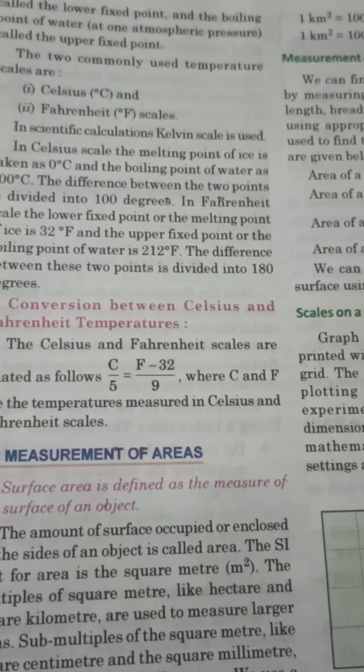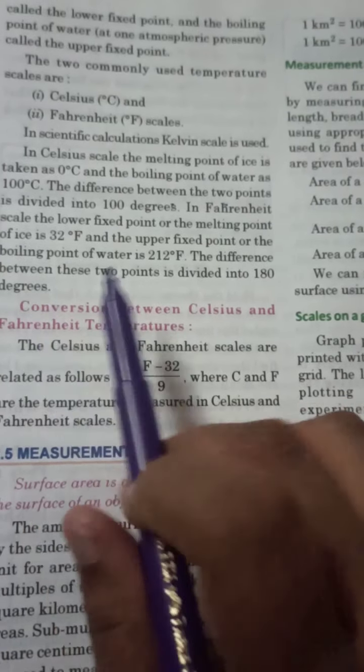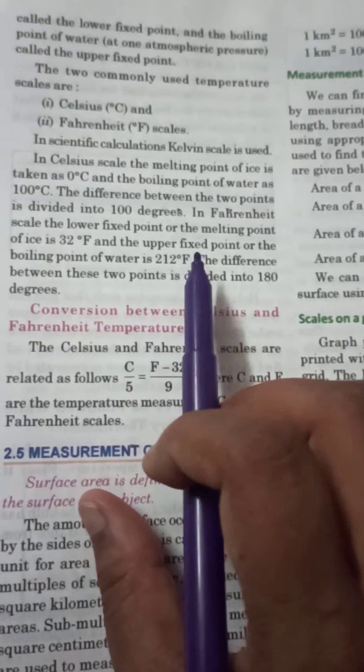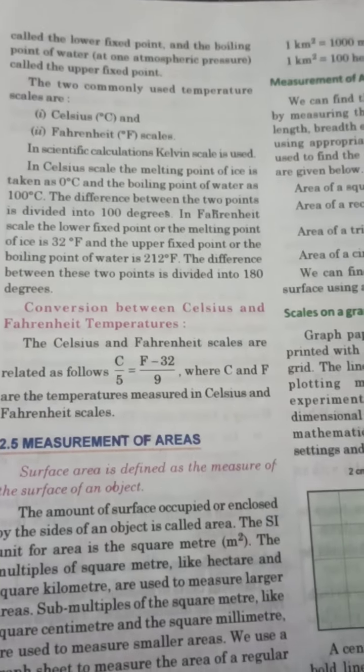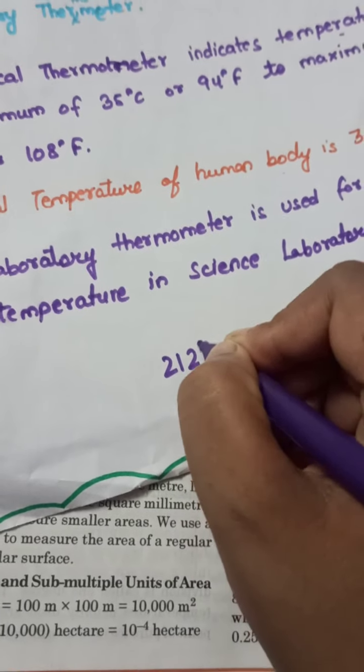Now students, let's see how this difference is 180 degrees, between 32 degree Fahrenheit and 212 degree Fahrenheit.